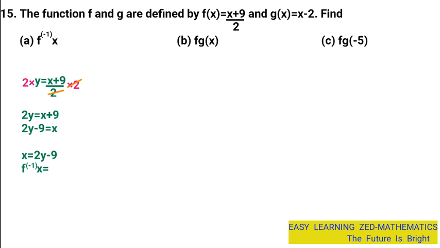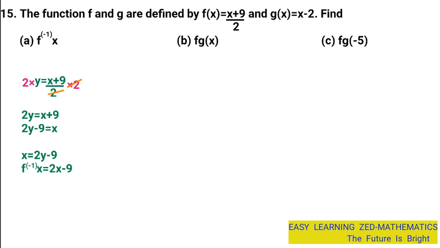So 2y will become 2x, then it will be 2x minus 9. Where there is y, I've just replaced it with x. That's what I've done, and that's what you need to do in an exam. That's all.